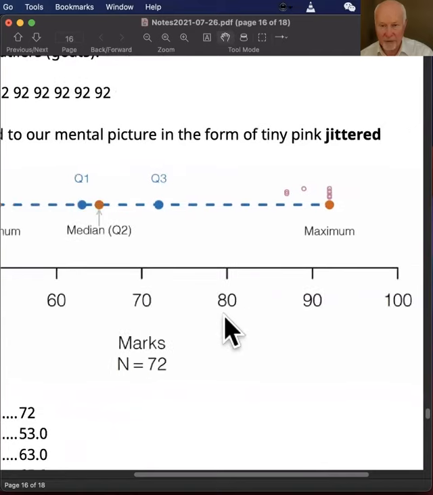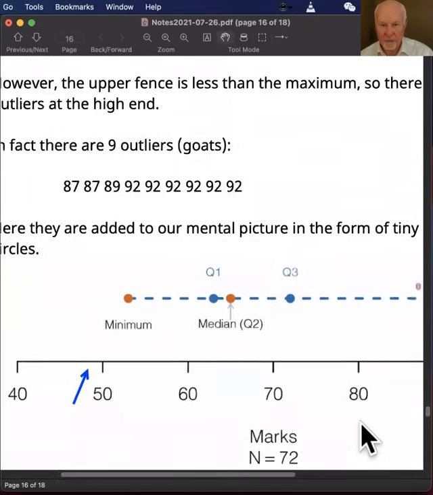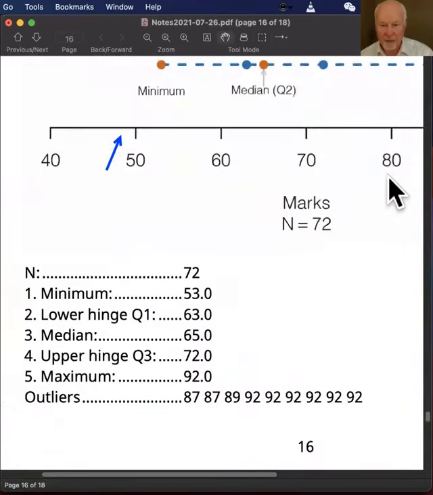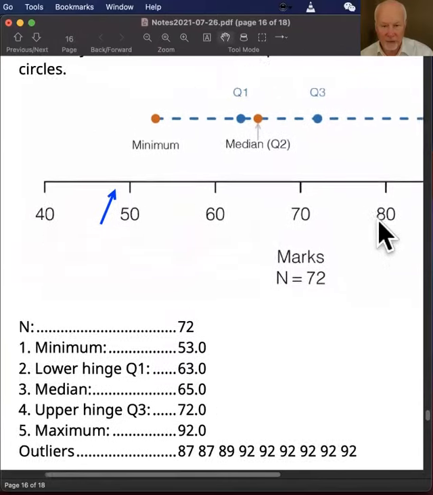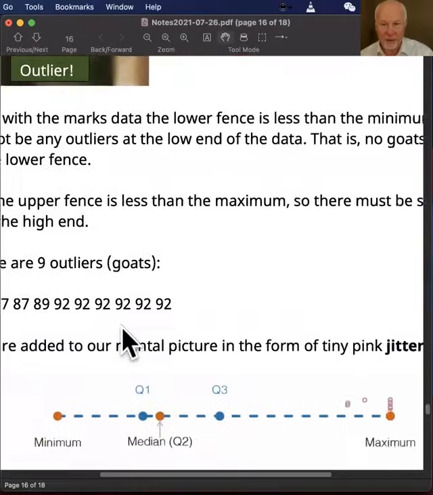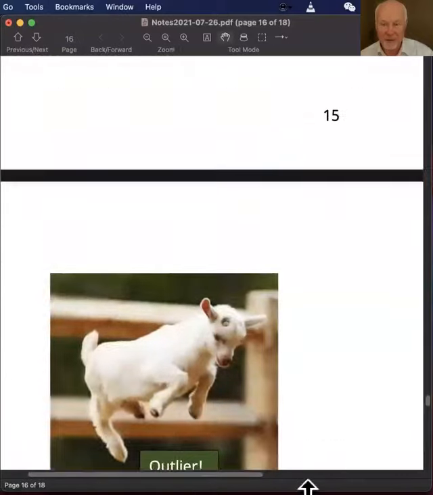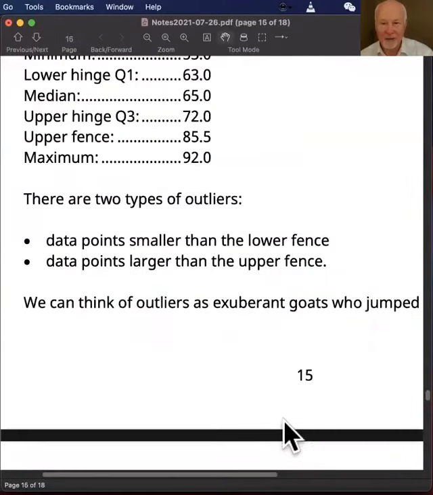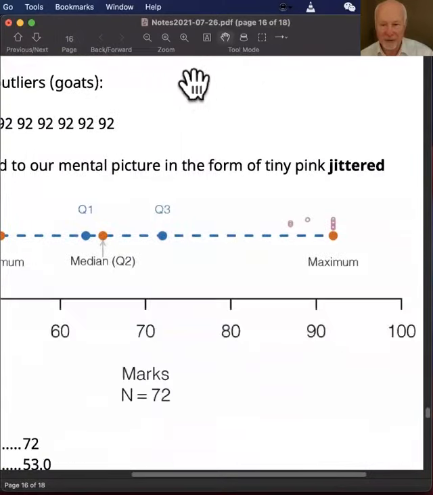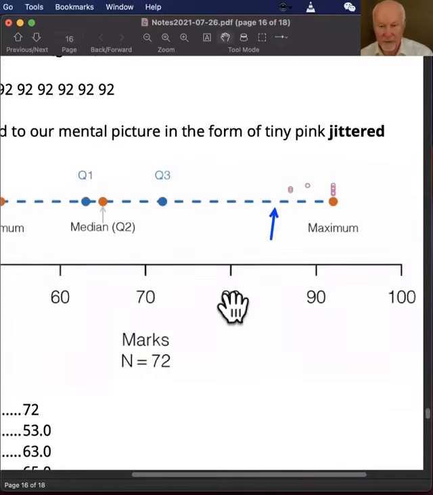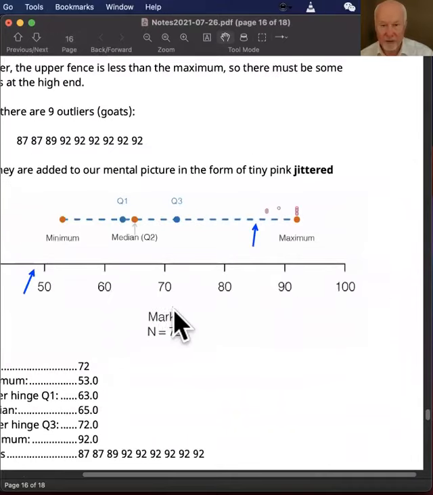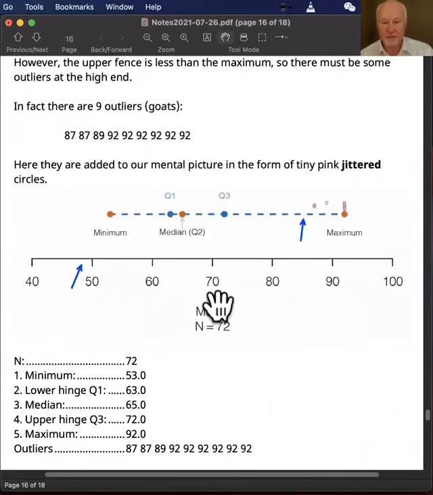The other one, the upper fence, was, I've forgotten, 85.5. Okay, so 85.5 is going to be somewhere around there. So that's roughly where the fences are.